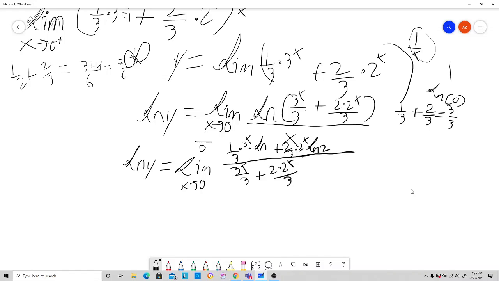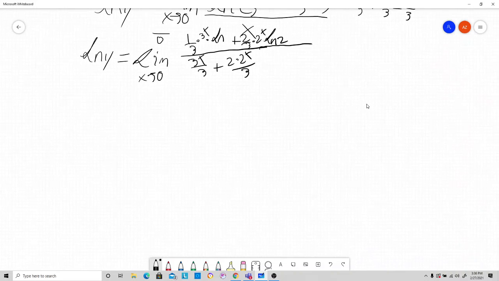So now let's try to make this a little neater. We can see that we can combine this. I'm going to scroll down. I'm just going to take this right here and rewrite it better.